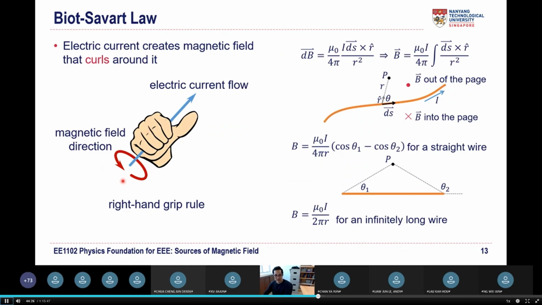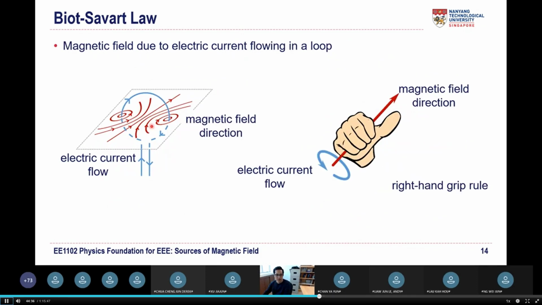One is you have a current flowing straight through, and then we create a magnetic field that circles around the direction of the current flow. And if we have a current flow that is in a circle, then we have a magnetic field that goes straight through that circular current flow. I hope you can understand the symmetry of the whole thing.